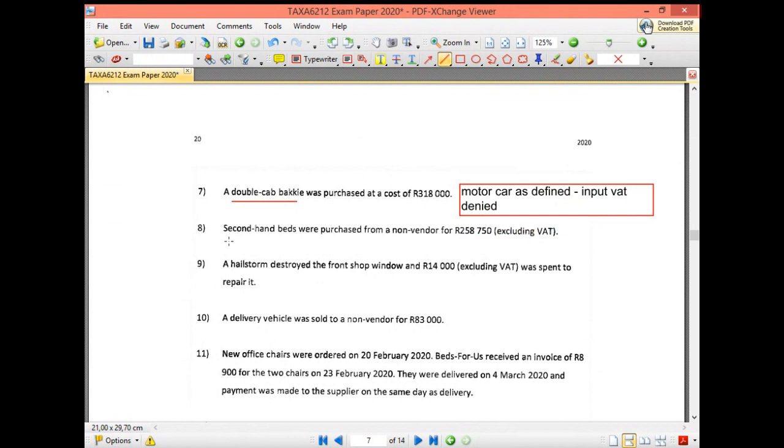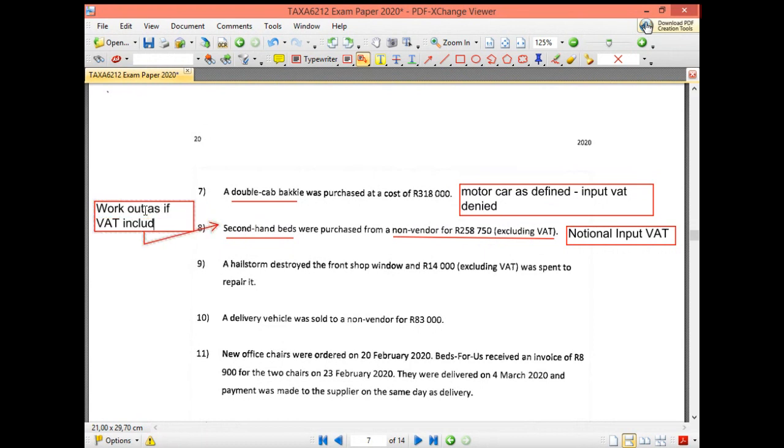Okay, next one, second-hand beds have been purchased from a non-vendor. Now remember, if we've got second-hand and there's a non-vendor, we can claim notional input VAT. Even though this amount is excluding VAT, according to this question, you work it out as if VAT is included.